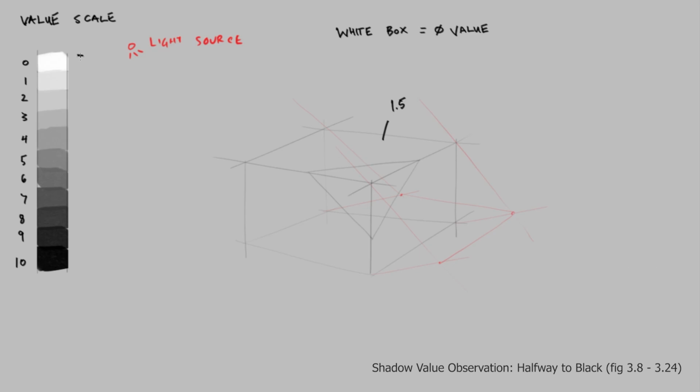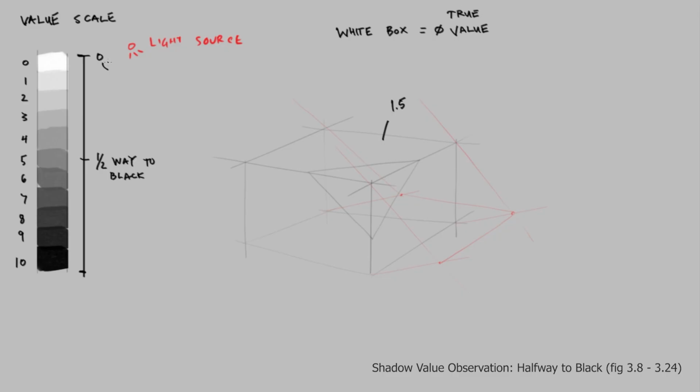The reason why we are shifting the value a little bit darker than its local value of 0 is that the top surface is going to be hit with the most light, which means it's going to be the lightest value, technically the brightest part of our cube.